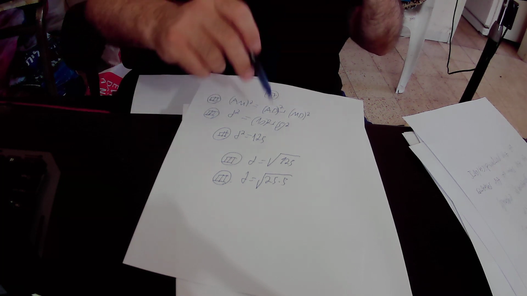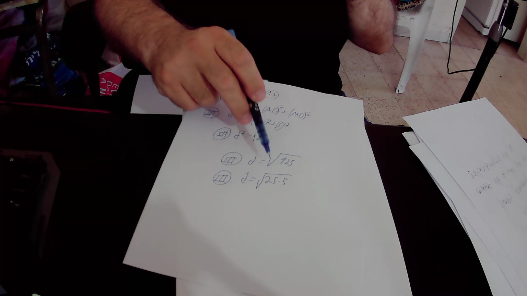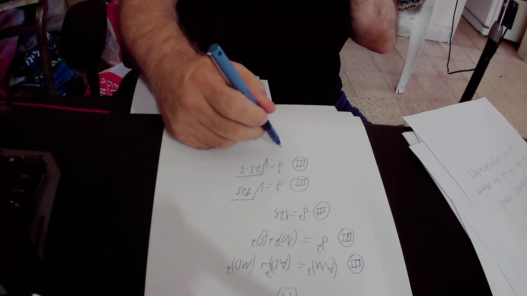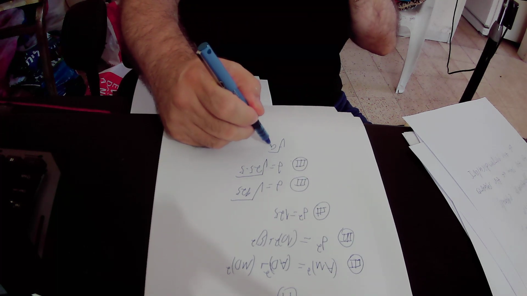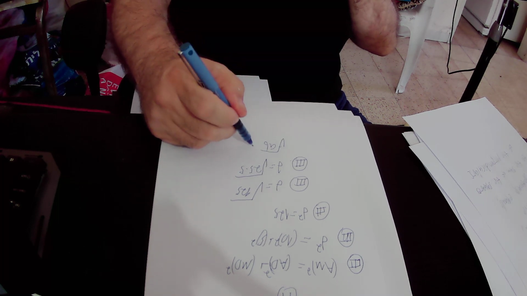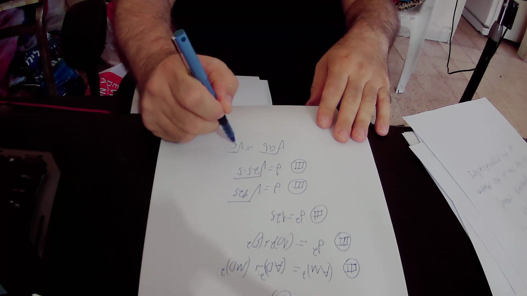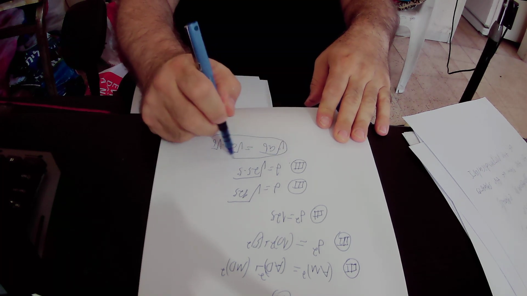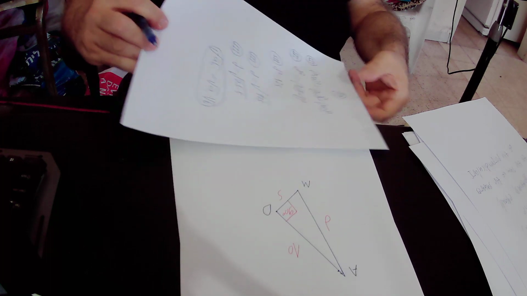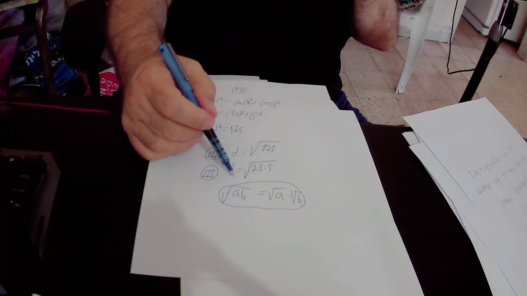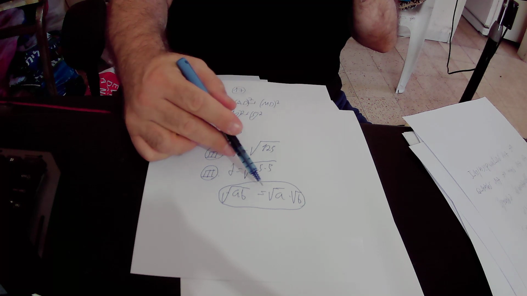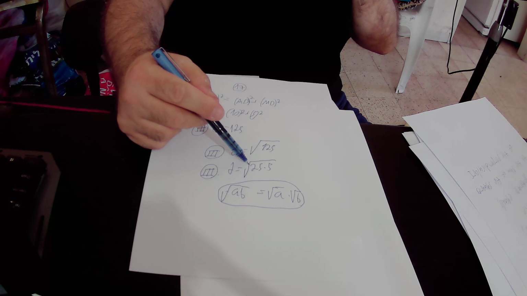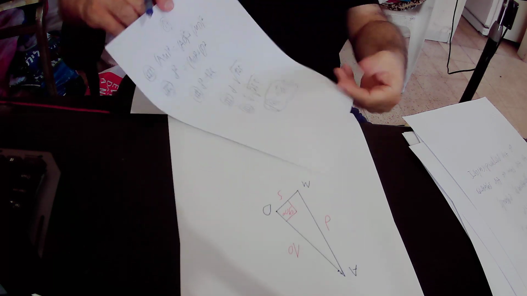Now we can split the root into 2 roots according to the rule that the root of AB equals root A times root B. So according to this rule, we split this root into 2 roots.